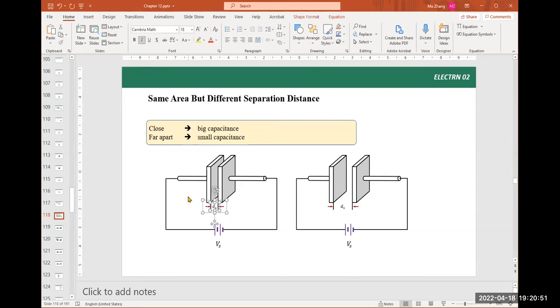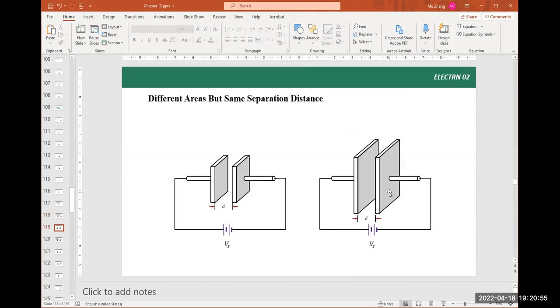Close together, bigger capacitance. From the second experiment, the conclusion is: bigger area of the plate, assuming both plates have the same area, bigger capacitance. Small area, small capacitance. So capacitance is directly proportional to the area.